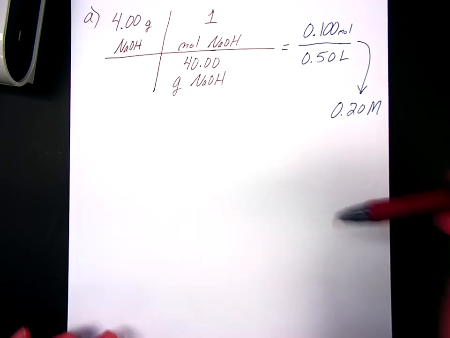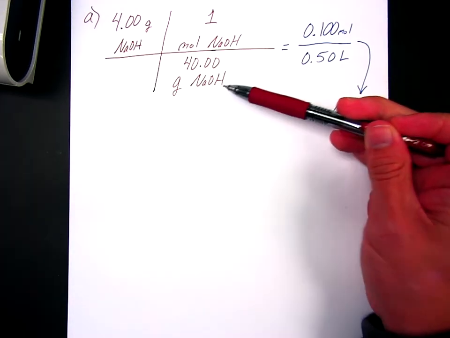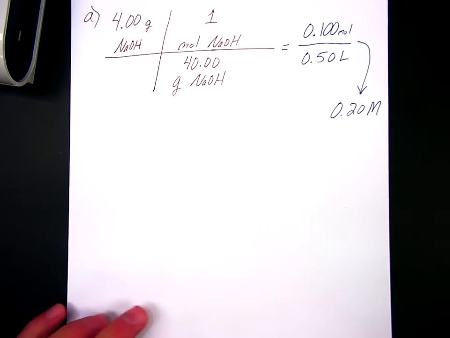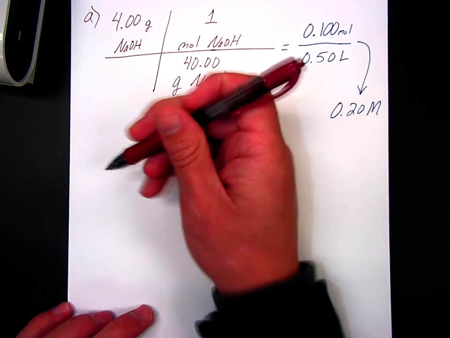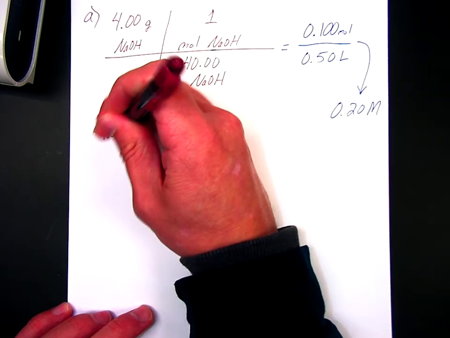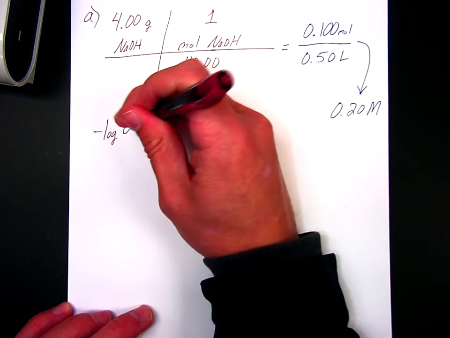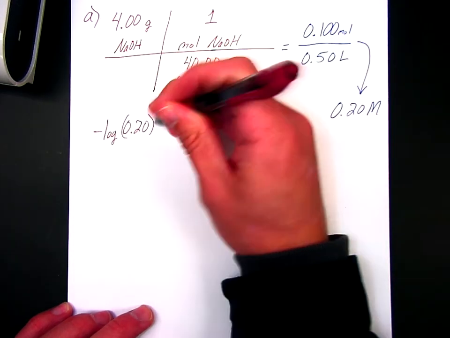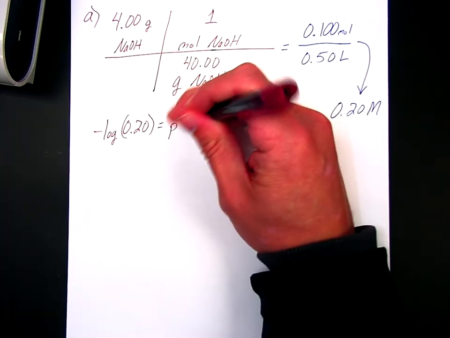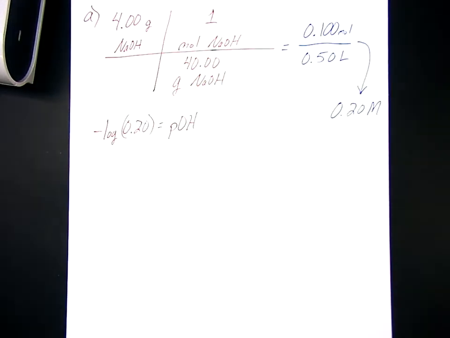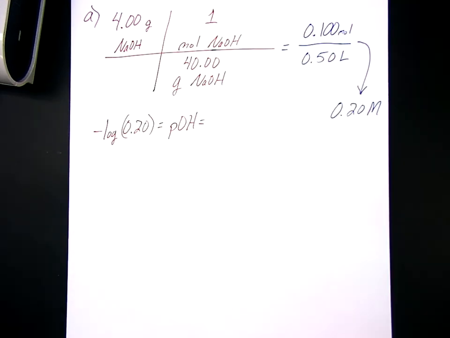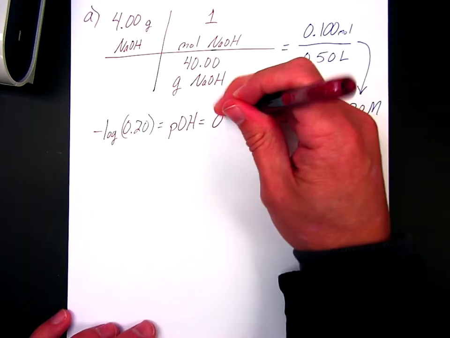Now, the sodium hydroxide here is strong. Therefore, I don't have to do any extra thinking here because for strong species, I can just take the negative log of the molarity. All right, and in this case, it's going to give me a pOH because I'm taking the negative log of a base. So I'm going to get a value here of 0.7.